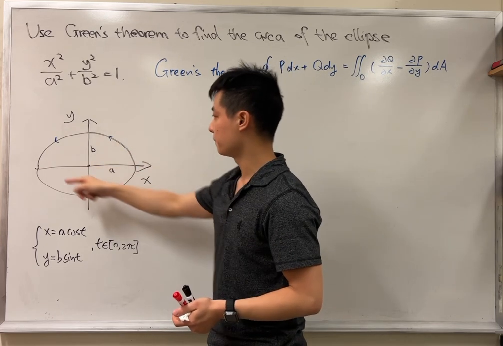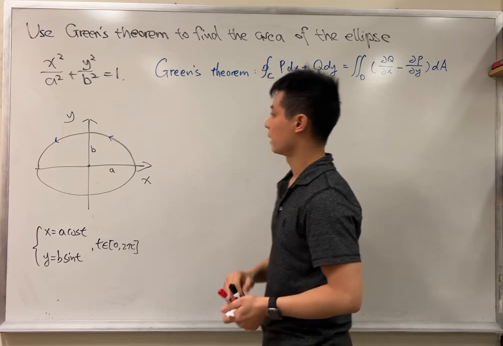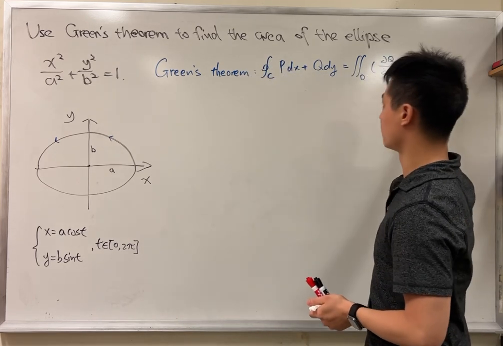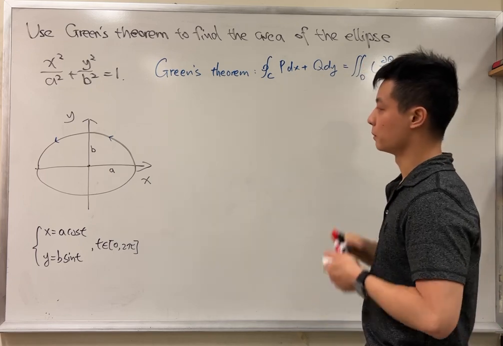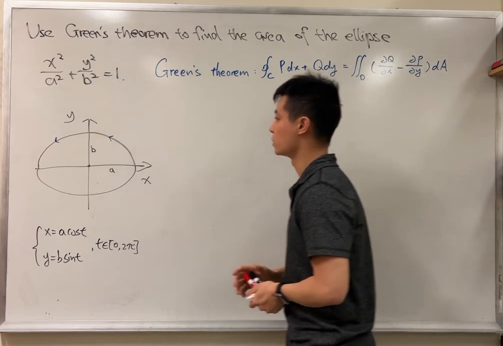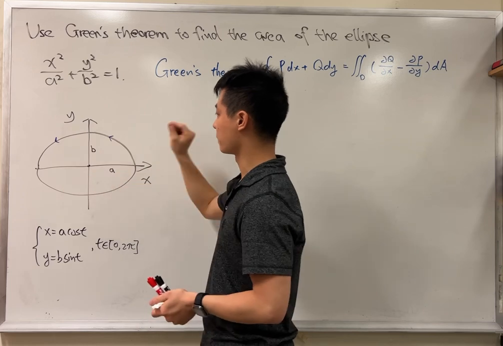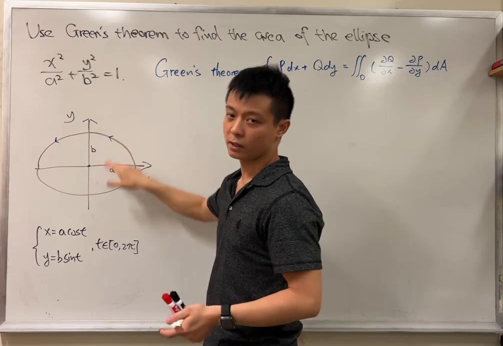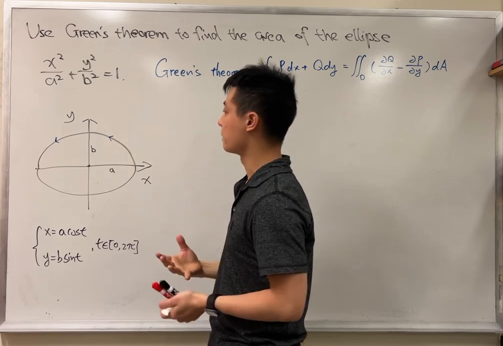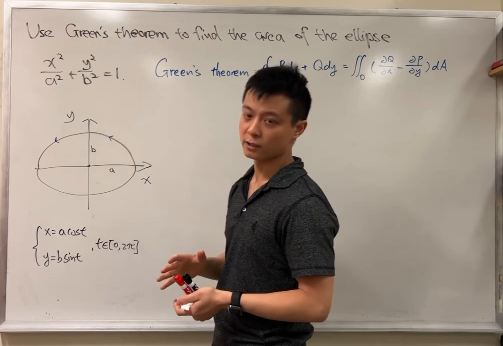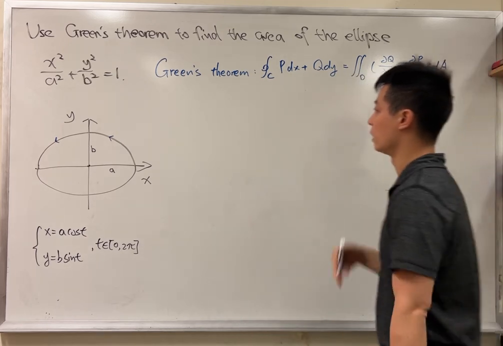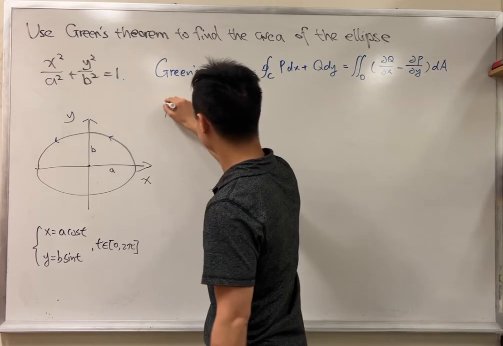and also oriented counterclockwise. In solving this question, we will be applying Green's theorem in the reverse direction. So we will be treating the boundary of this ellipse as our closed curve C, and the interior of this ellipse is going to be treated as the region bounded by the curve, which is the region D. Okay, and then we're going to write out the area of the ellipse.